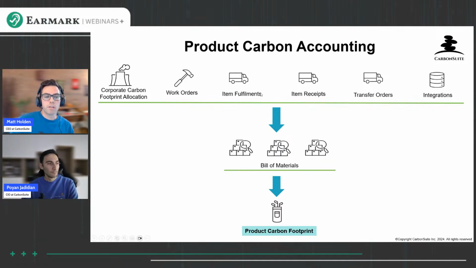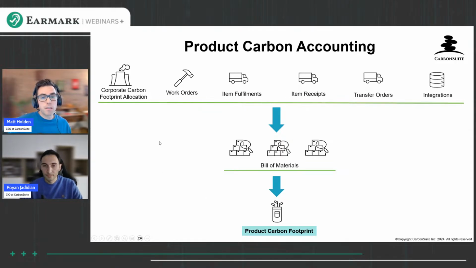And what you do there is you actually allocate a portion of the corporate carbon footprint and other different types of transactional data from your accounting or from your ERP system into what's called a bill of materials or a life cycle bill of materials, and that creates a product carbon footprint.